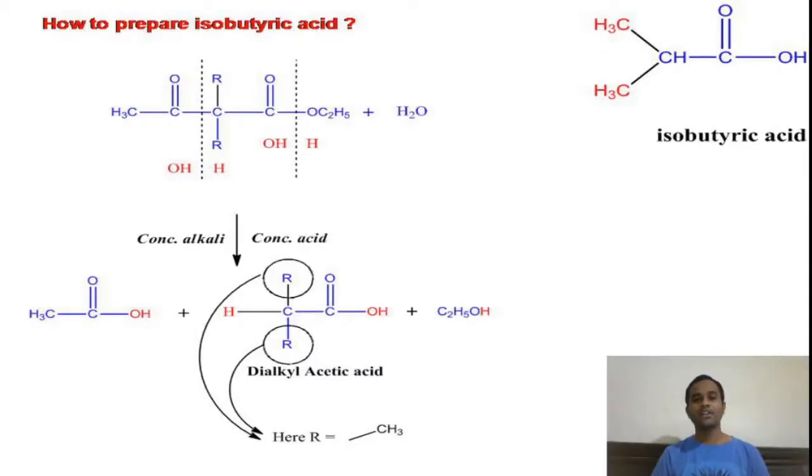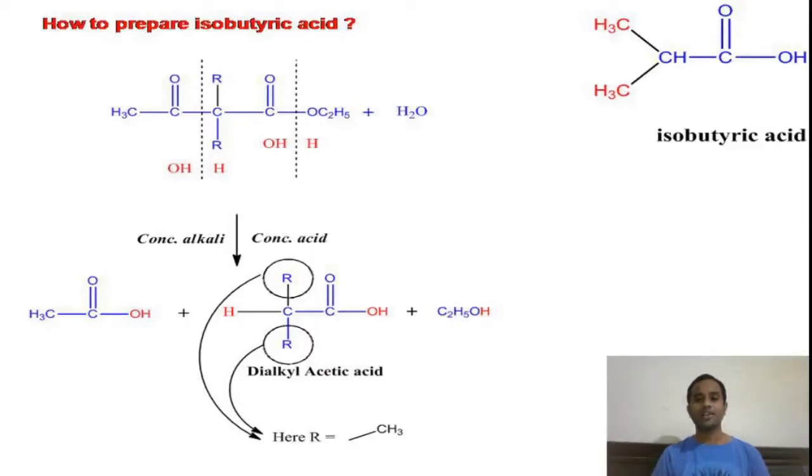Just now we have prepared the dialkyl substituted acetoacetic ester by doing alkylation 2 times. We will get this dialkyl substituted product, which on further hydrolysis, that is acid hydrolysis, gives this dialkyl acetic acid as the product.